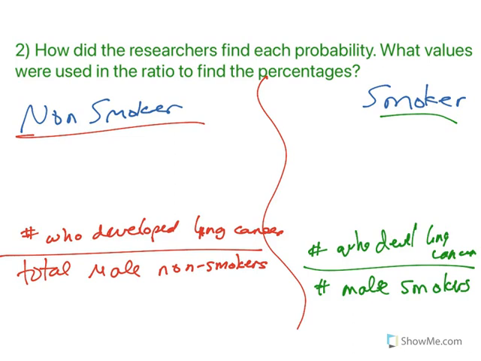On the right, we have all of these men who are currently smoking, and we find how many of them develop lung cancer. You're still looking for the developing of lung cancer, but because you're looking at two different groups, non-smokers versus smokers, that changes, and that's the ratio we use to find those probabilities.